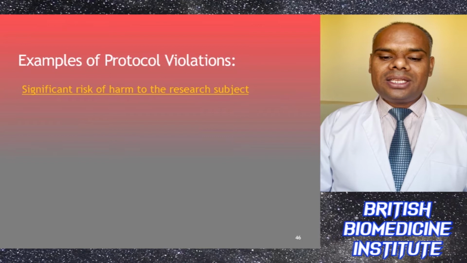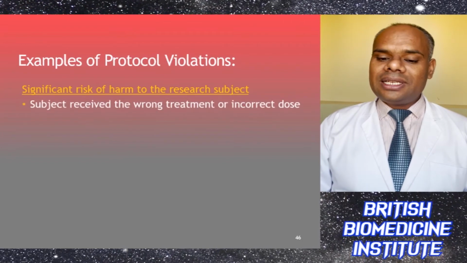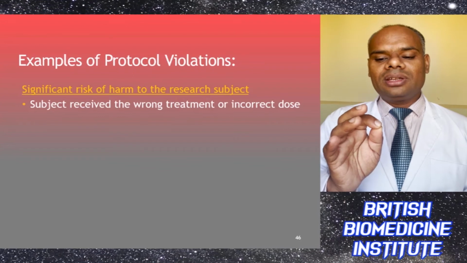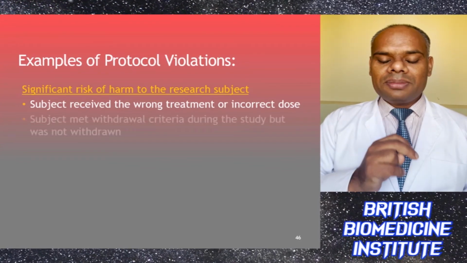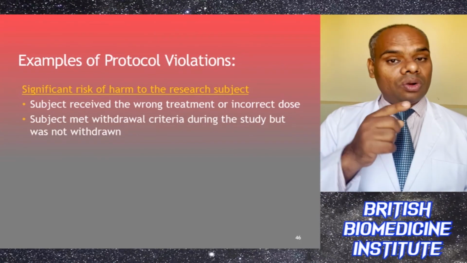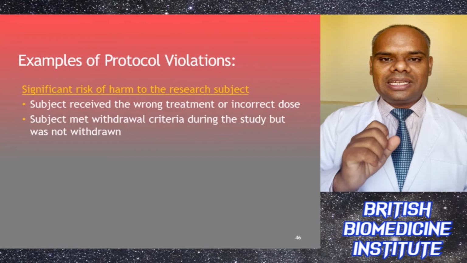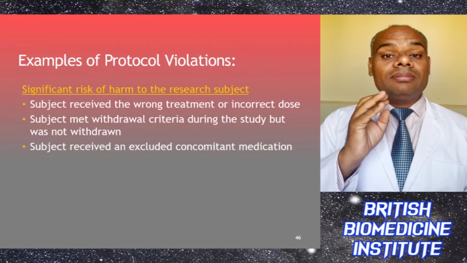The significant risks of harm to the research subjects are: subject receives wrong treatment or incorrect dose. Second, subject meets withdrawal criteria during the study but was not withdrawn. Third, subject received excluded concomitant medications.